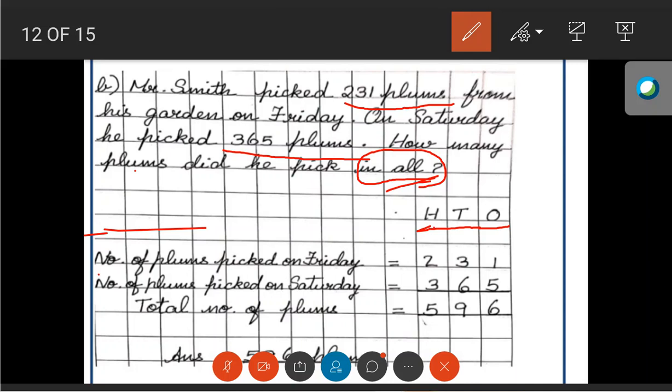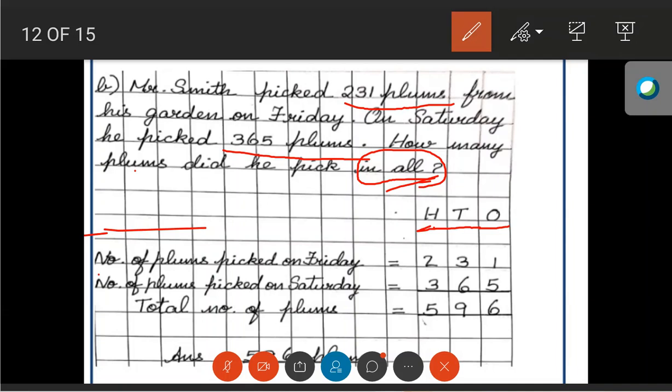Number of plums picked on Saturday: 365 plums. 3 hundreds, 6 tens, 5 ones. You have to mention the numbers in the correct place values. Don't forget this. Then we start from the ones place value, then tens, and then hundreds.